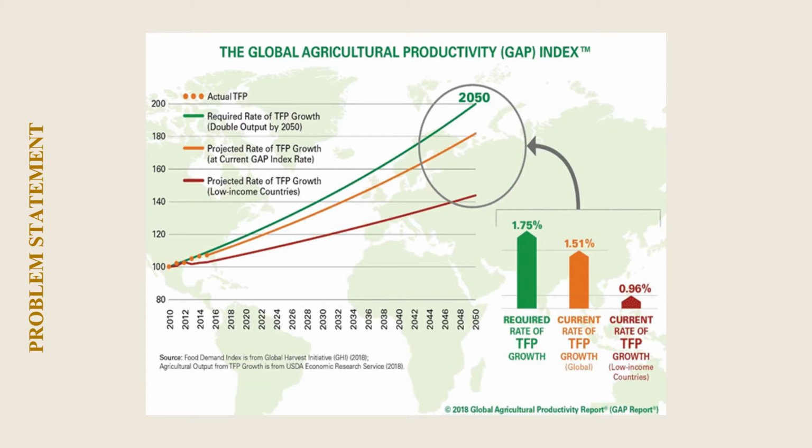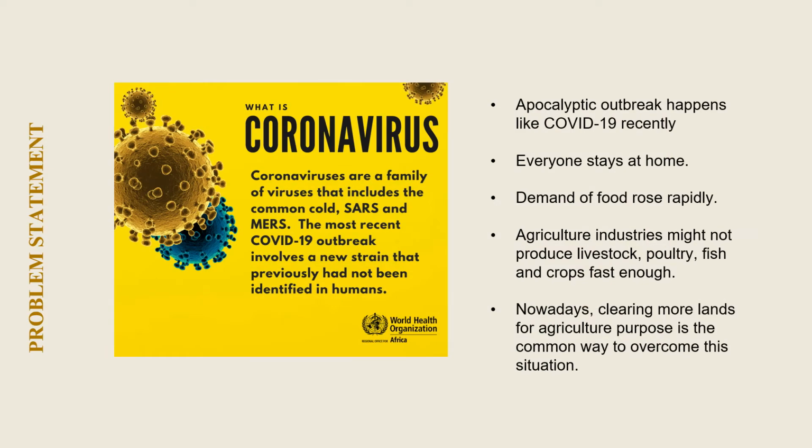As we can see in the graph, the gap between the green line, which is the required rate of growth, and the orange line, the current rate of growth, is predicted to become larger and larger over the years, right?